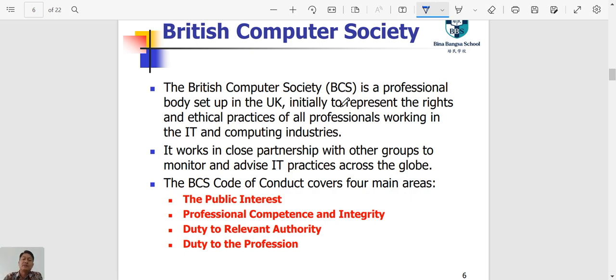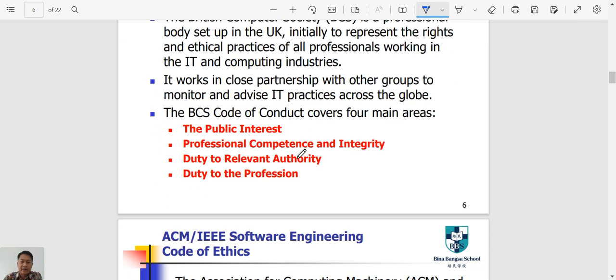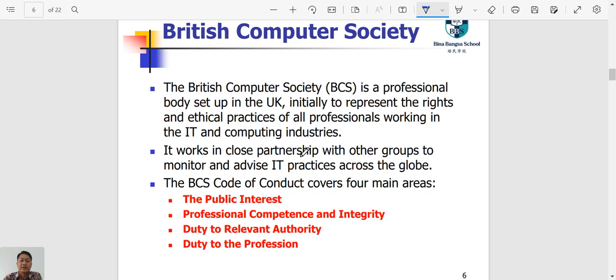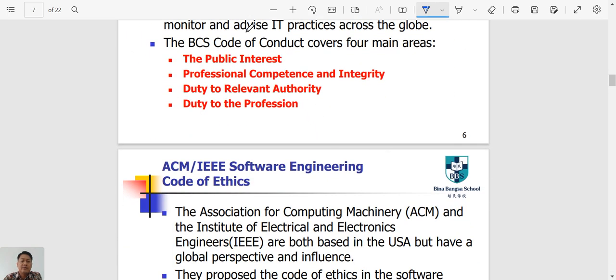Of course, these different ethical bodies have their own practices, and they have their own code of conduct, just like a Bible, their own Bible or code of conduct for the ethical practices of an IT professional or computing professional. Some of the areas of concern are the public interest, professional competence and integrity, duty to relevant authority, and duty to profession.